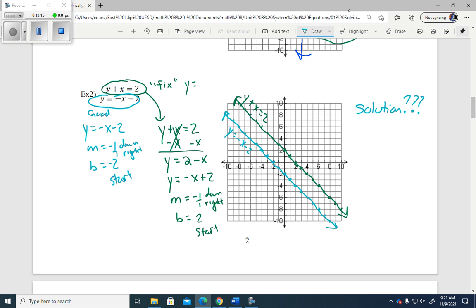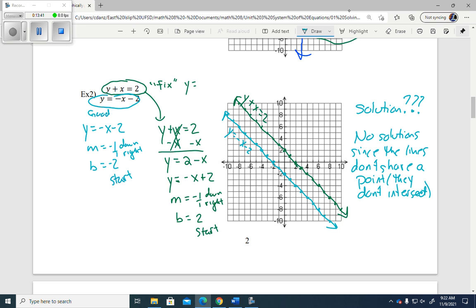This has no solution, since the lines don't share a point, or since they don't intersect. Parallel lines never have a point in common. Parallel lines never have a solution.